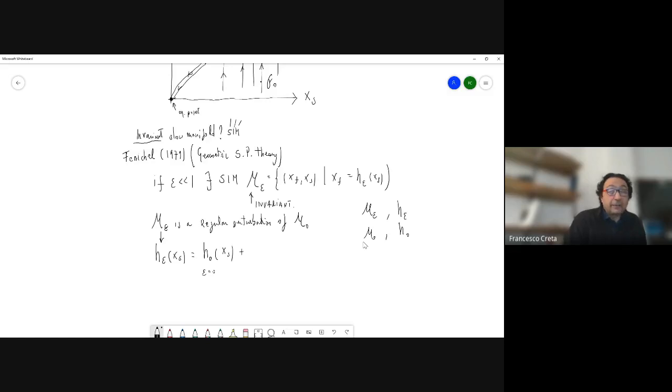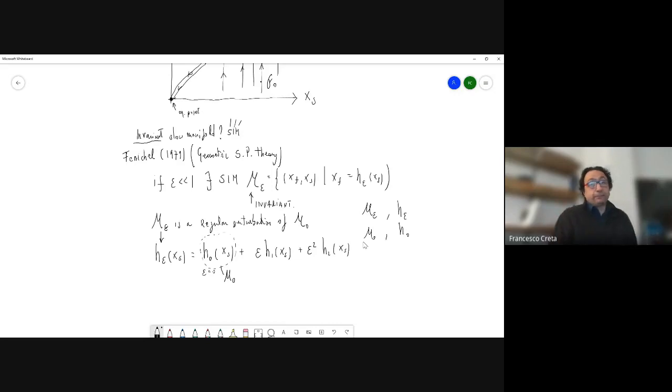And then you will have higher order terms like epsilon times h1 of x_s, plus epsilon squared times h2, and so on. So you see that essentially m0, the reduced slow manifold, is just the first term of the slow invariant manifold, which includes infinite terms.